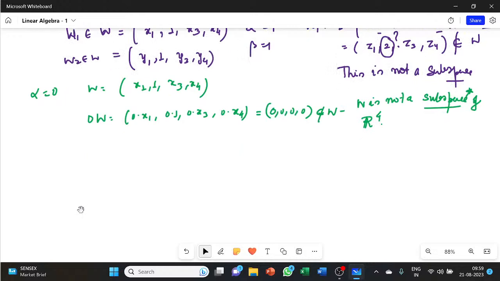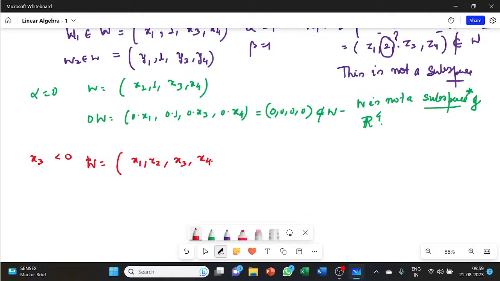Okay, now there is option number 3, which suggested that x3 should be less than 0. So we are defining a subset which is (x1, x2, x3, x4) such that x3 is negative, and we want to see whether this particular W forms a subspace of R power 4 or not.